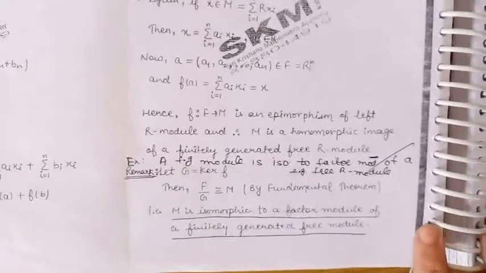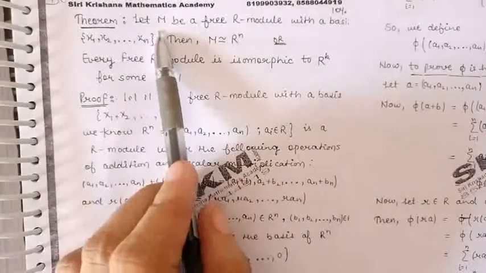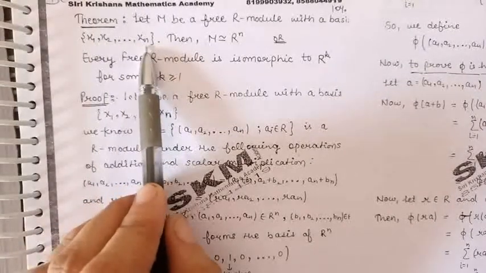Now in the next theorem, M is a free R module having the basis consisting of the elements x1, x2, x3 up to xn.